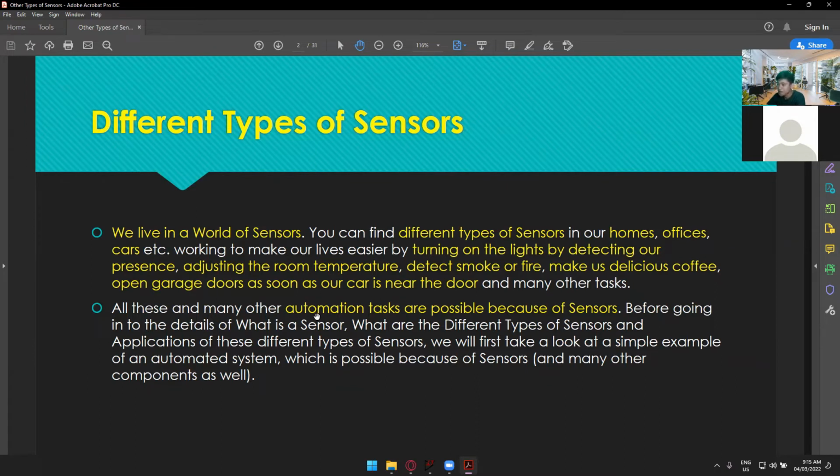Because of automation, we were encouraged to have a lot of sensors. In fact, if we can automate everything and sense everything with the use of a certain technology, then of course we will do so, to make our lives easier, which is possible because of sensors and many other components as well.